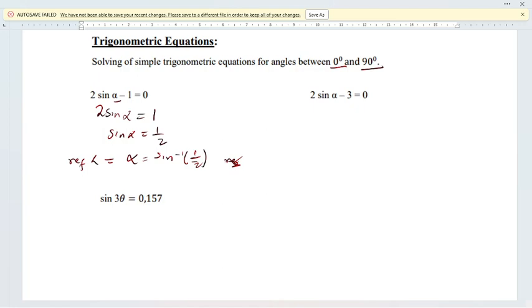Now, what is our reference angle? If you press, what do you get? 30 degrees.